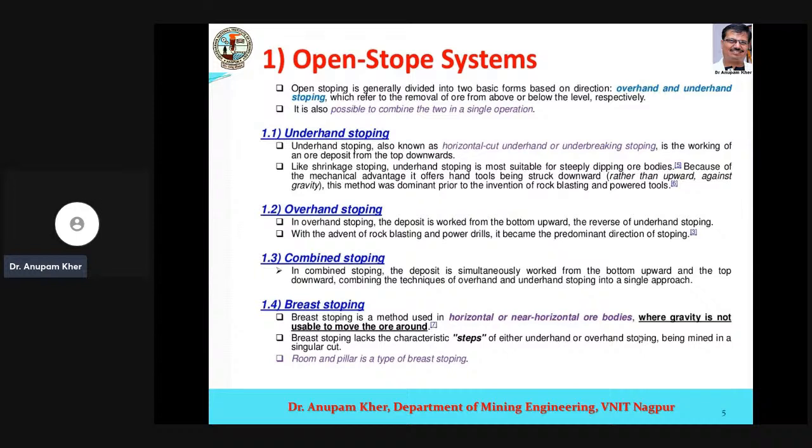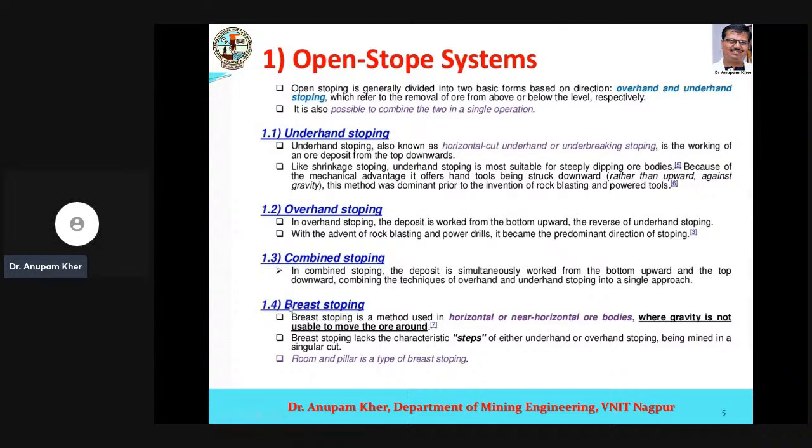The roof, in vertical or nearly vertical ore bodies, is called the back. In horizontal stratified deposits like coal seams, we are always moving in the direction of the chest, or in the frontal direction, moving horizontally or slightly inclined.